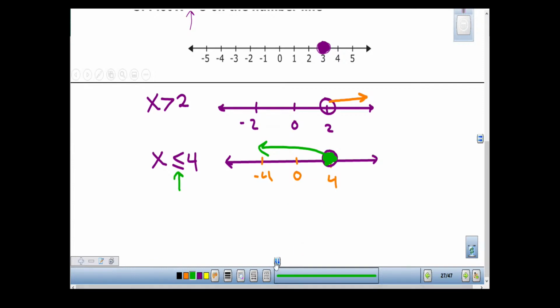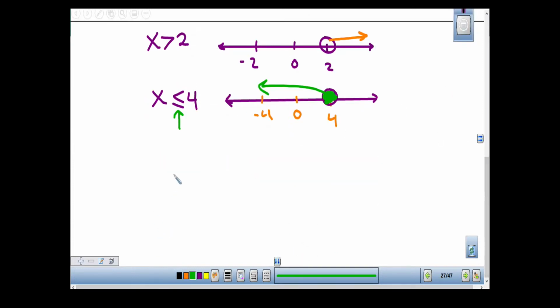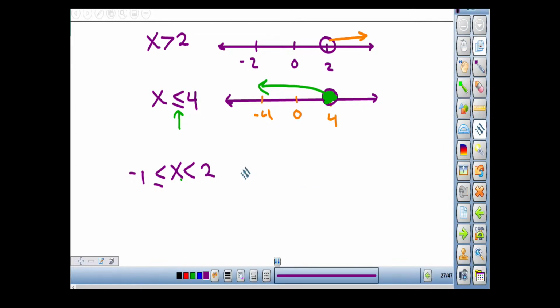Last but not least, what if they ask for something like this? The x is between, let's say, 2, and it's greater than, let's say, -1. Okay, sure, no problem.